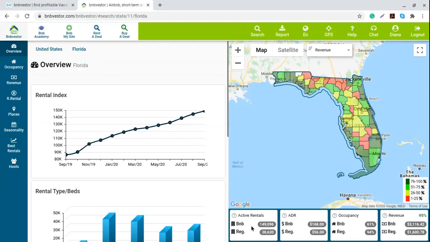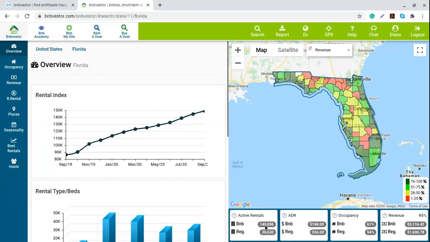And remember that we at B&BVestor have our data according to Airbnb. We don't use any other data source. Of course, we use public records for the regular rentals, and we know which property is for rent based on that data.